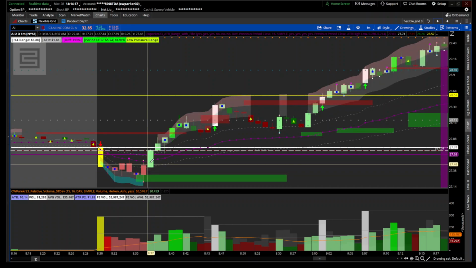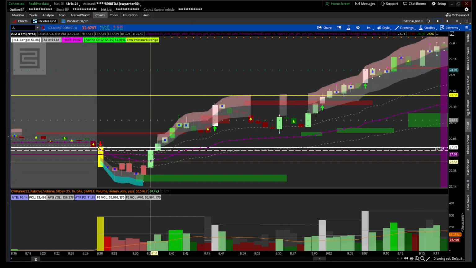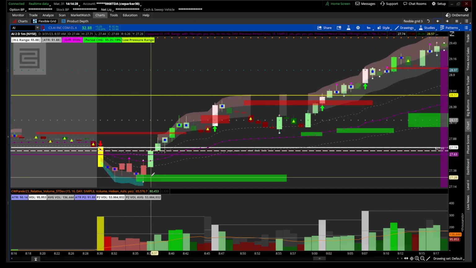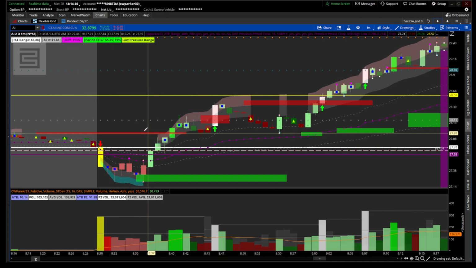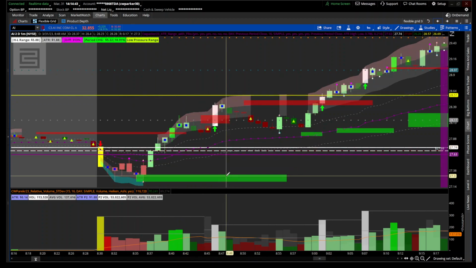So once it's crossed above VWAP, you could have used this box right here as your potential risk area. If the stock then continues up, it'll probably come back down here and you probably sell it. But if the stock keeps going up, this would be a possibility of getting out right here on this red box. So that would give you a nice area of confluence and support and resistance.